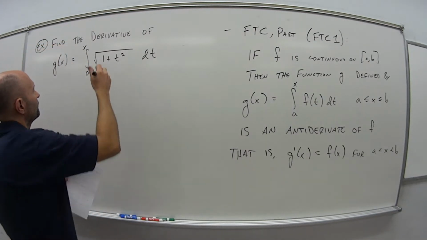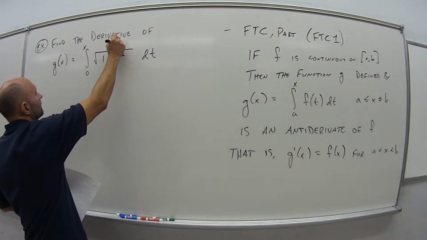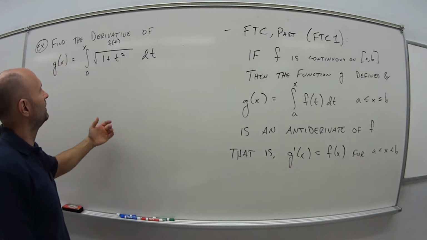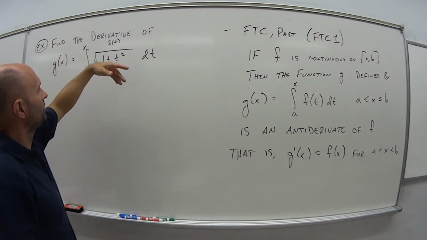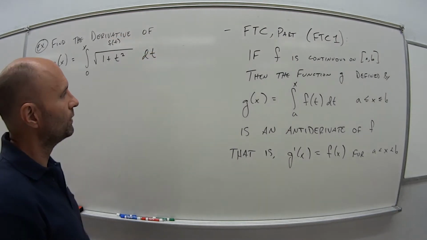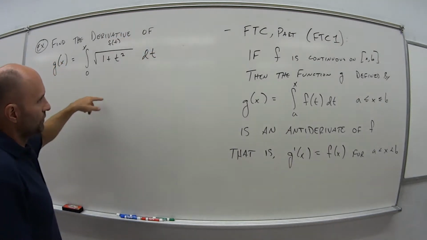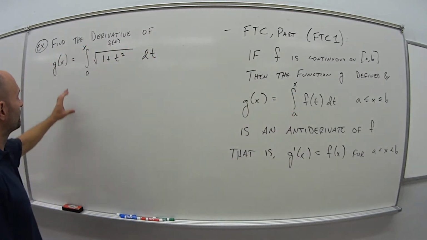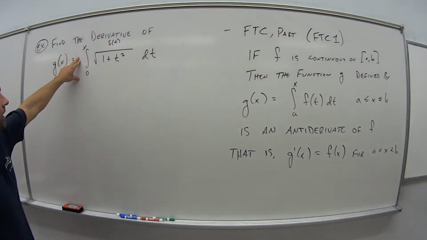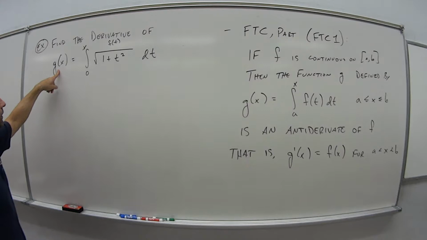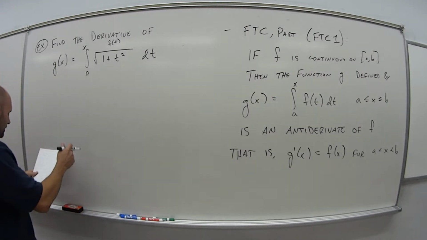This right here is our f of t. It's a square root function, so it is continuous from 0 to whatever. If the upper limit is 10, it's still continuous. If it's 100, it's still continuous. Given that g of x is in this format, the integral from 0 to x of f of t dt, we're trying to find g prime.